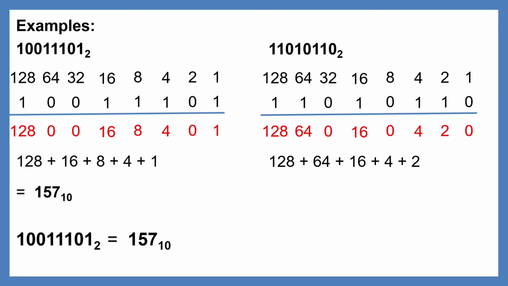So we have 128 plus 64 plus 16 plus 4 plus 2. So we have 214 base 10. So 11010110 base 2 has a decimal equivalent of 214 base 10.